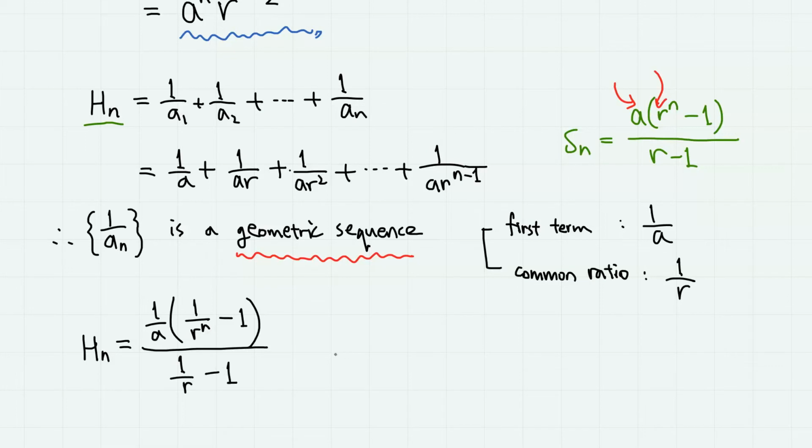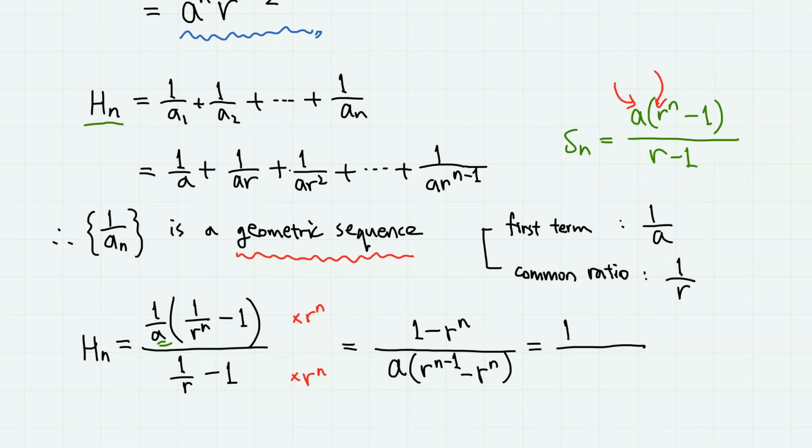Now let's multiply r to the power of n at both numerator and denominator. Then for this a, let's send it down to the denominator, and at the numerator, we simply have 1 minus r to the power of n, and in the denominator, we have r to the power of n minus 1 minus r to the power of n. So we have 1 minus r to the power of n, and if we extract r to the power of n minus 1 here, then we have 1 minus r here.